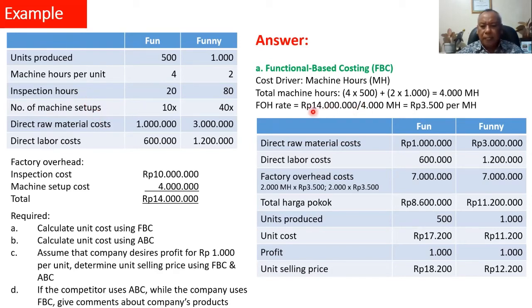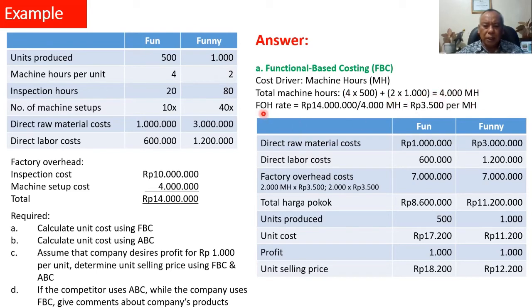We can calculate the total machine hours: to produce one unit of Fun we need 4 hours, so 4 times 500 units is 2,000. To produce one unit of Funny we need 2 hours, so 2 times 1,000 is 2,000. The total is 4,000 machine hours.